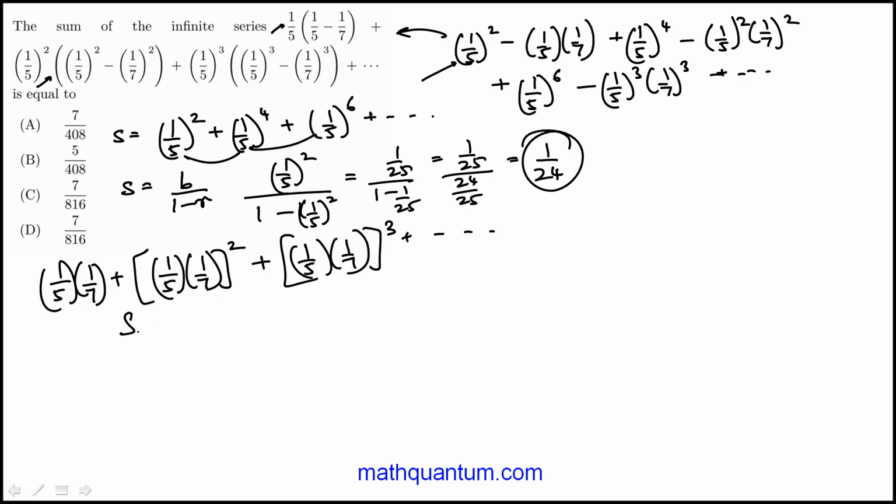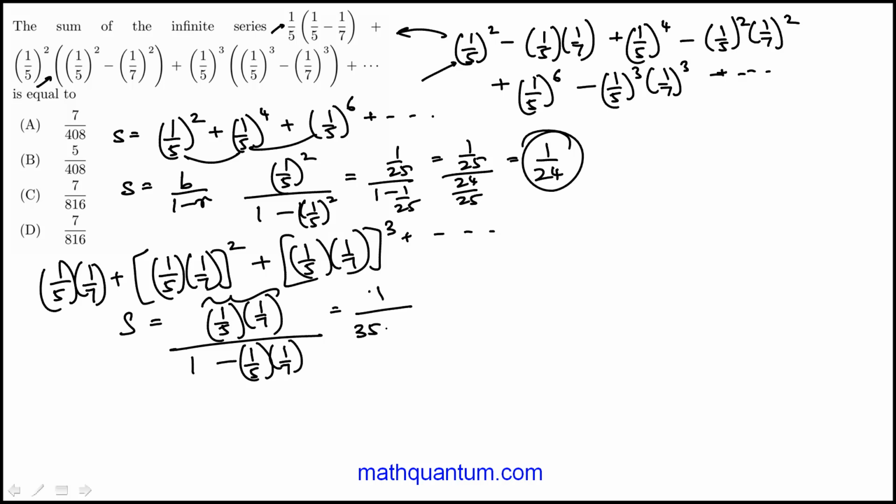Again, here the sum would be the first term, 1/5 times 1/7, over 1 minus the ratio. The common ratio is just this piece. So multiply top and bottom by 35, so that would become 1 over 35 minus 1, which is 1/34.